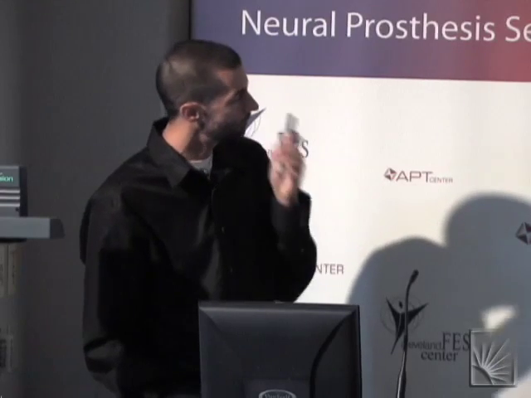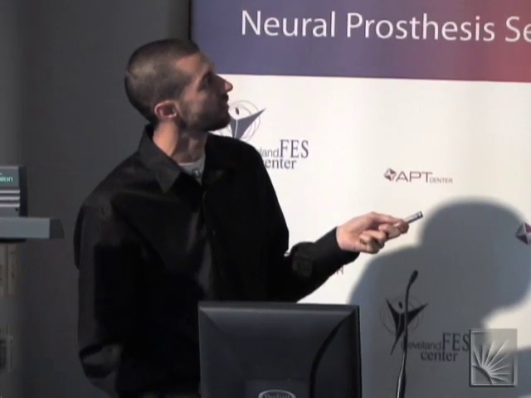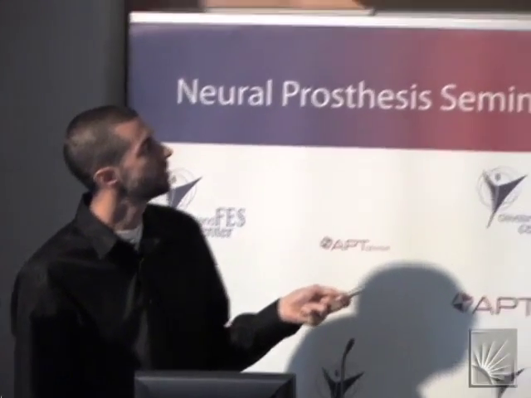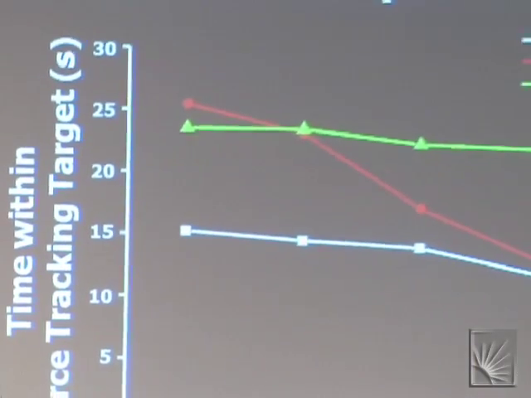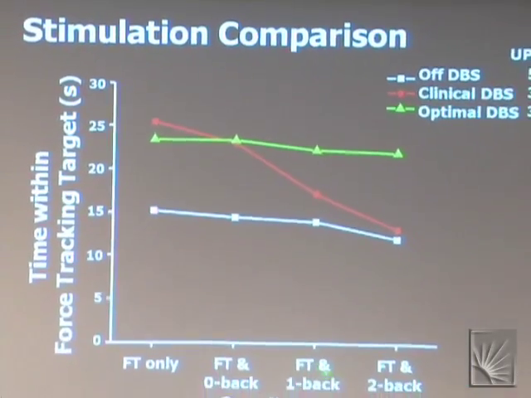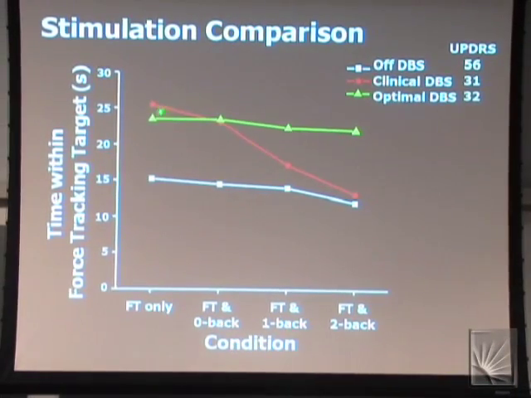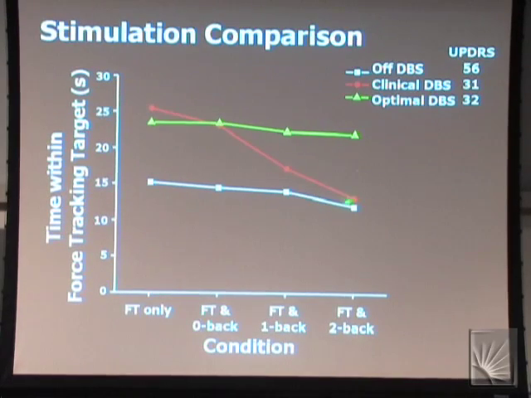Okay, so how do these things perform then as we make the task a little more difficult? Off DBS, you can see you start to degrade a little bit as you go from force tracking and 0 back, 1 back, and 2 back. With the clinical DBS, you can see that really starts to take a toll.